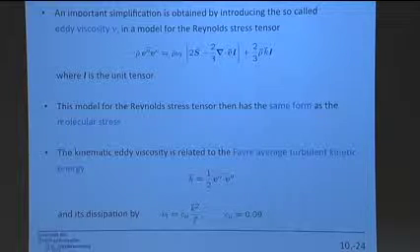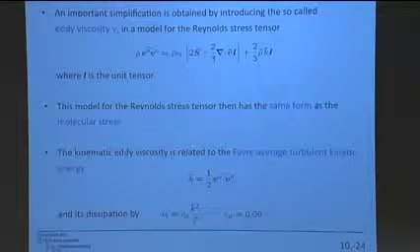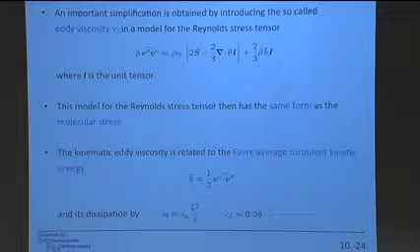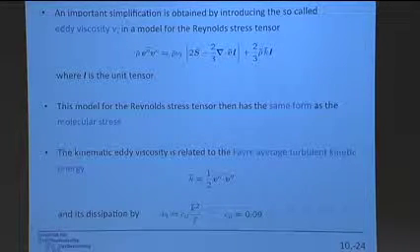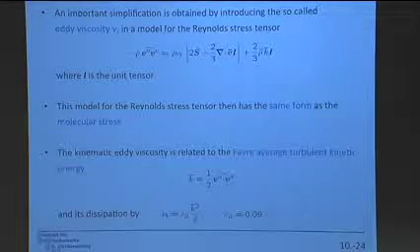Very often you say, well, what is the main characteristic of turbulence? That it has these velocity fluctuations. These velocity fluctuations can be characterized by the kinetic energy of the velocity fluctuations. So the kinetic energy of the velocity fluctuations would be just, let's say, the contraction of this tensor.